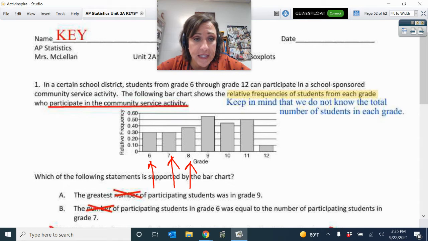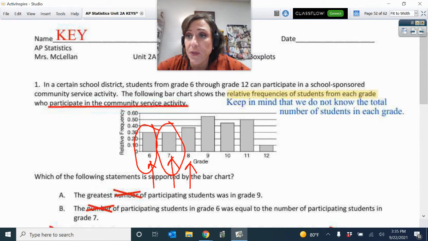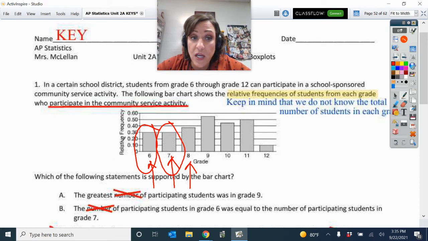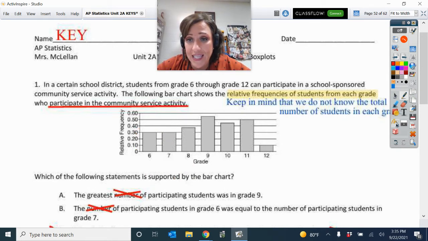Even though sixth grade and seventh grade both have 30% of their grade level doing community service, we do not know those are the same number of students. So you have got to keep number of students separate from proportion of the total.